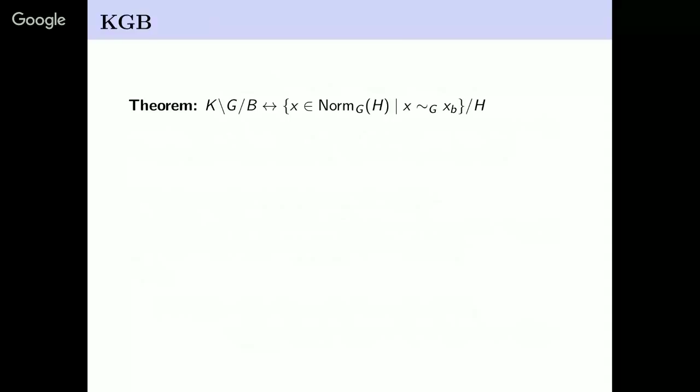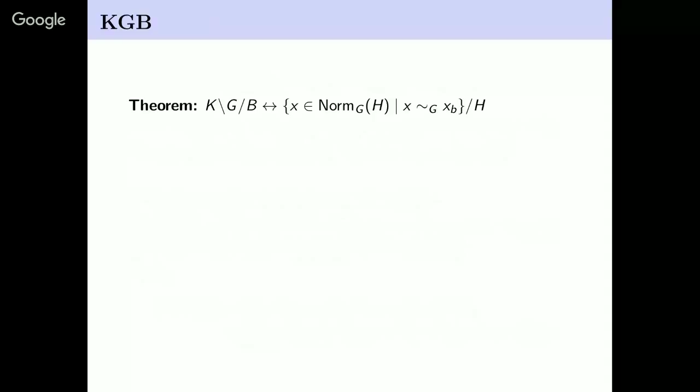It's the elements in the normalizer of H which are G conjugate to XB, modulo conjugation by H. This is a finite set once you quotient out by the conjugation action of H.